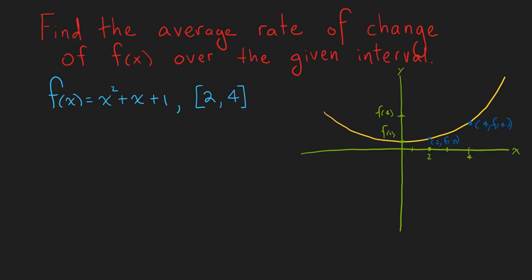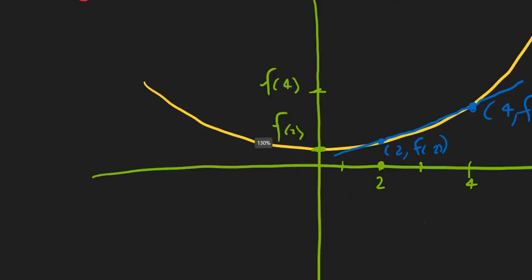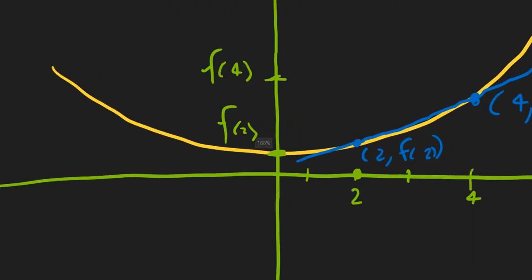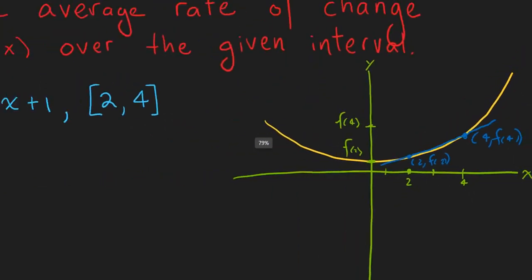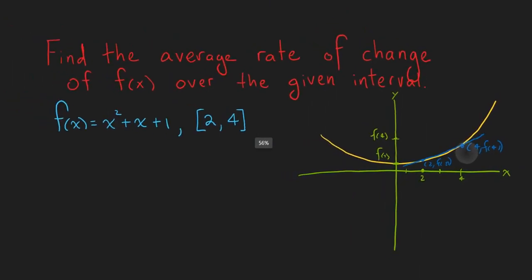And the secant line is going to be the line that goes through both of those points, and I can zoom in a little bit. It isn't necessarily tangent to the curve, or rather it doesn't represent the instantaneous slope of the curve at any point, but it does represent the average slope through the interval 2, 4.